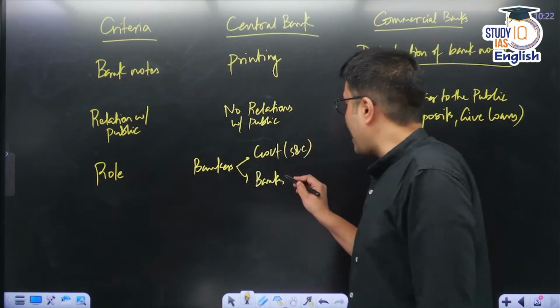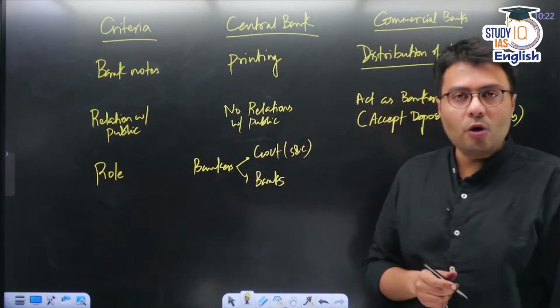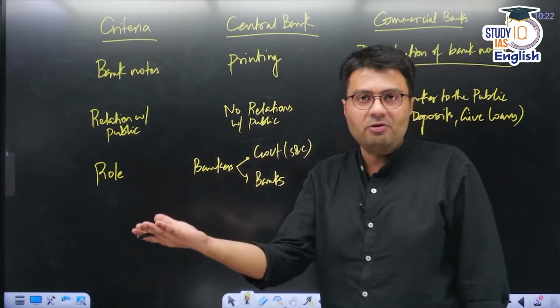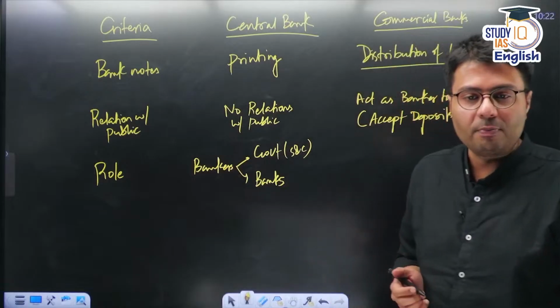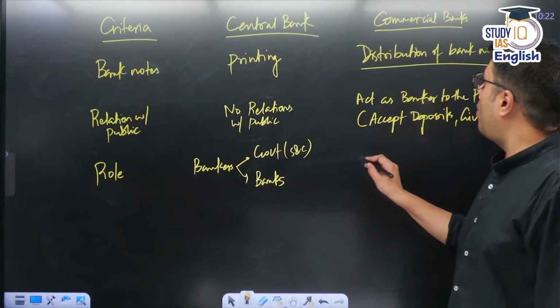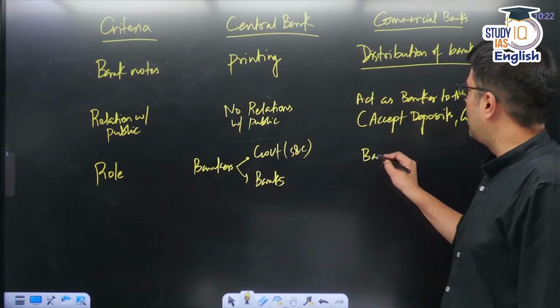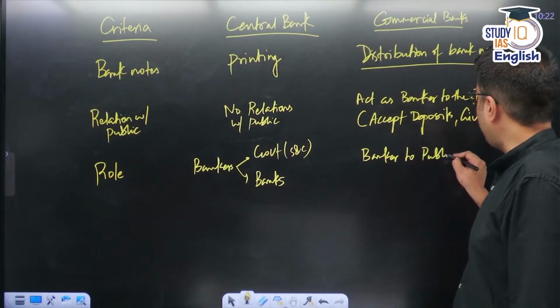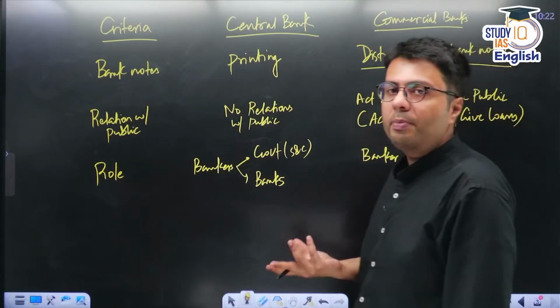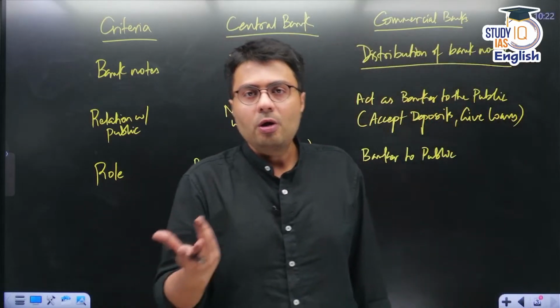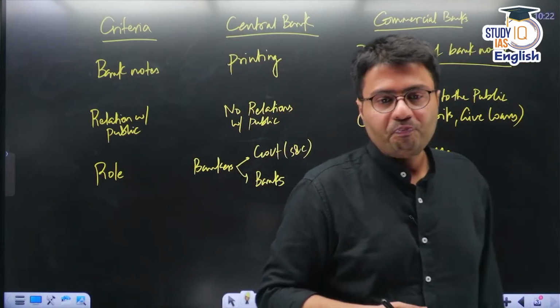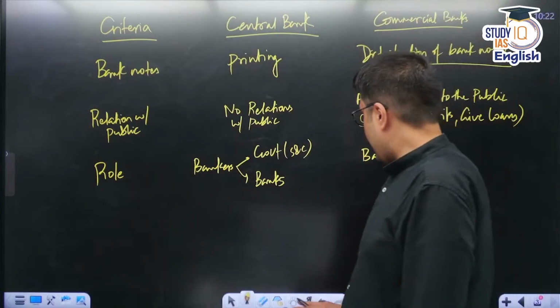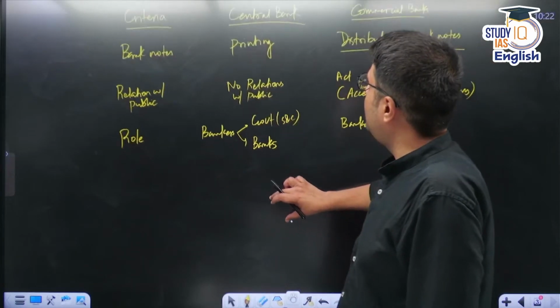So whenever banks are short in funds and they need loans, they can also approach the central bank, that is in India's case RBI. Whereas the role of commercial bank is that they act as banker to public, which we have already understood. You can go open a deposit account, you can go to a bank and ask for loans also, right?